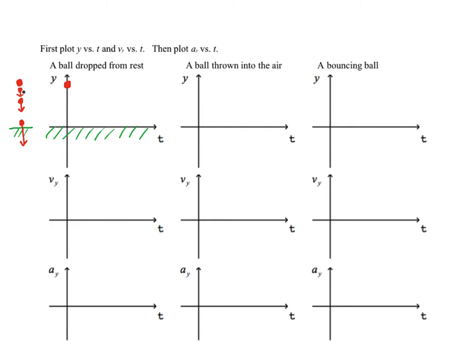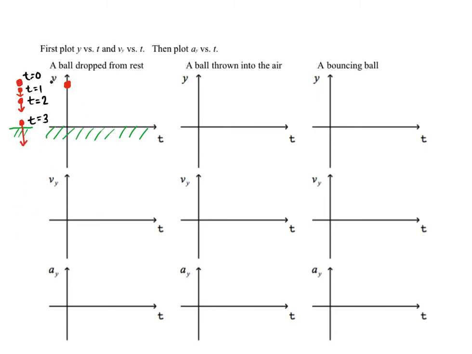Now these are supposed to be snapshots in time of where the ball is located at regular time intervals. So this could be t equals 0. Here we've got t equals 1, then t equals 2, then t equals 3.